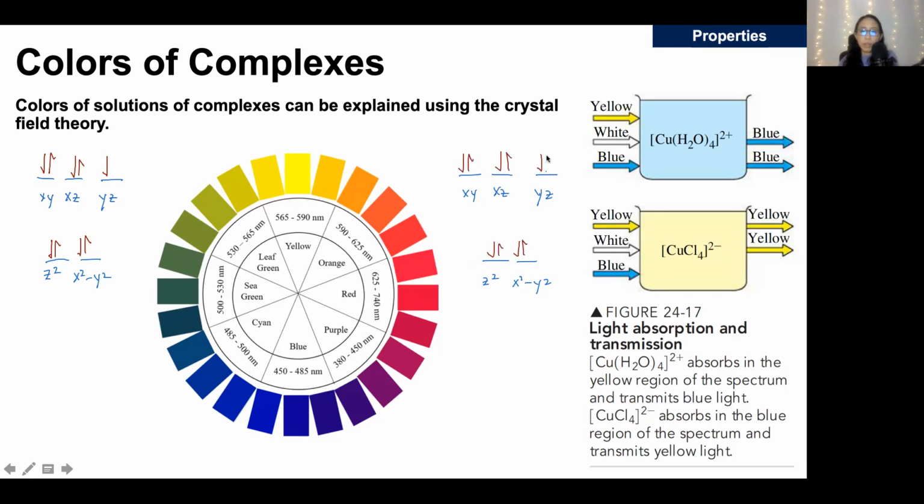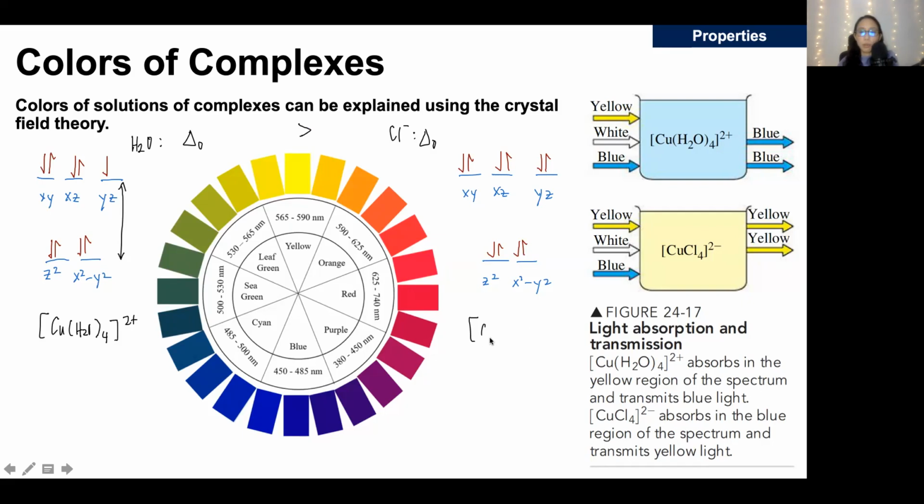However, since water will have a larger crystal field splitting, so for water, its crystal field splitting is greater than for chloride. Okay? This means this energy gap is greater. So this is for the tetraaqua complex.